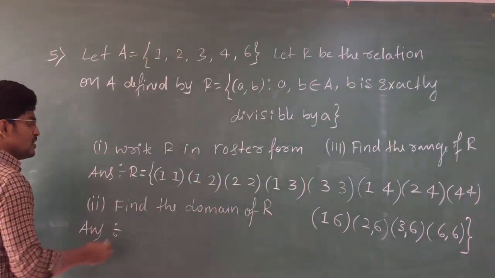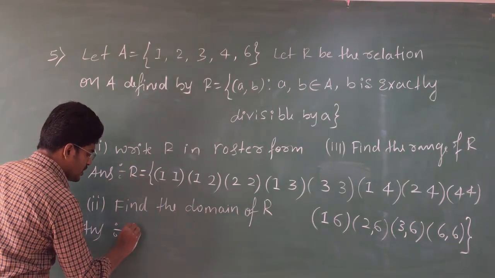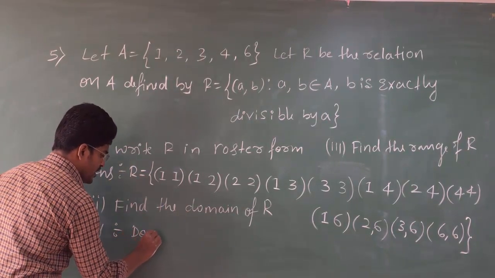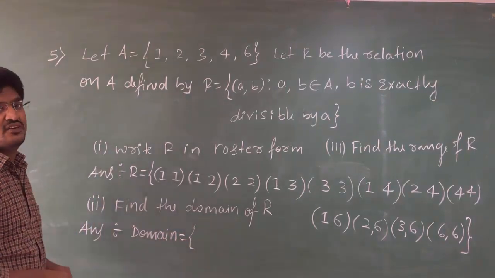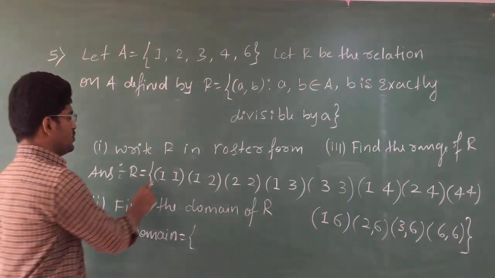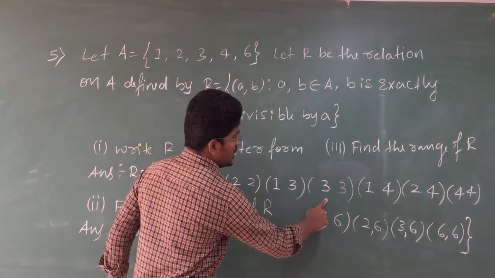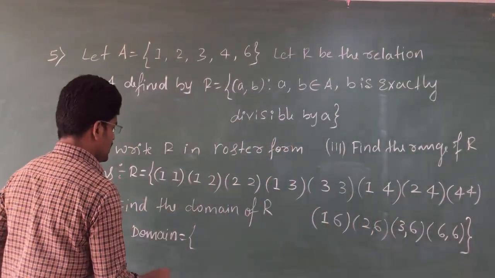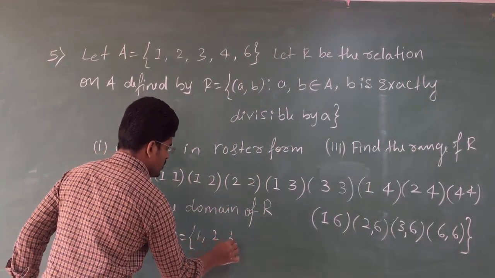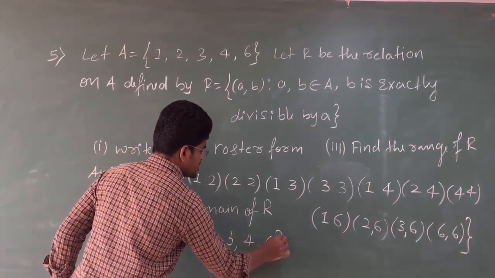Clear? So next, domain of R, that is domain equal to, very simple, collect the first elements. What are the first elements? 1, 2, 3, 4, 6. Clear? 1, 2, 3, 4, 6.